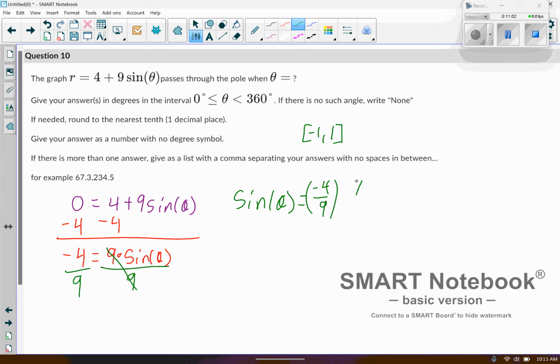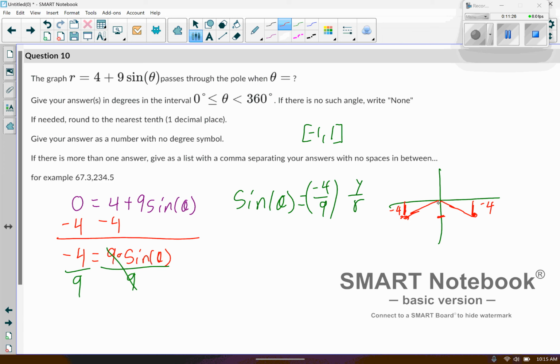So sine is y over r. So what that tells me, if I want to get an idea of what this is going to look like, my y value is going to be down here at -4, and my radius is 9, so it probably looks something like over here and over here. So those right there would give me a y value of -4.